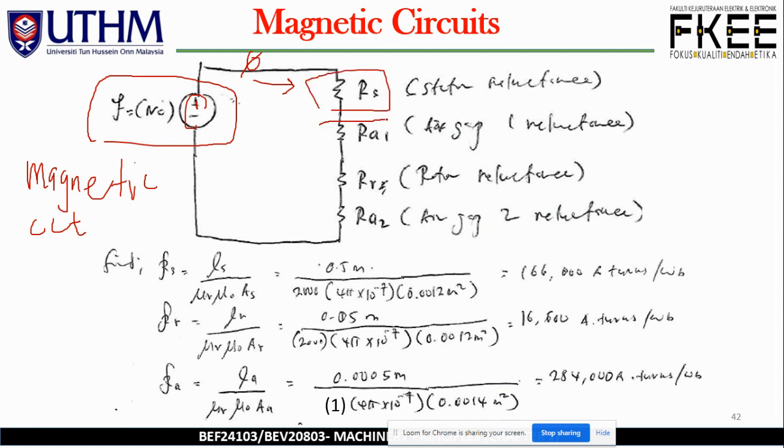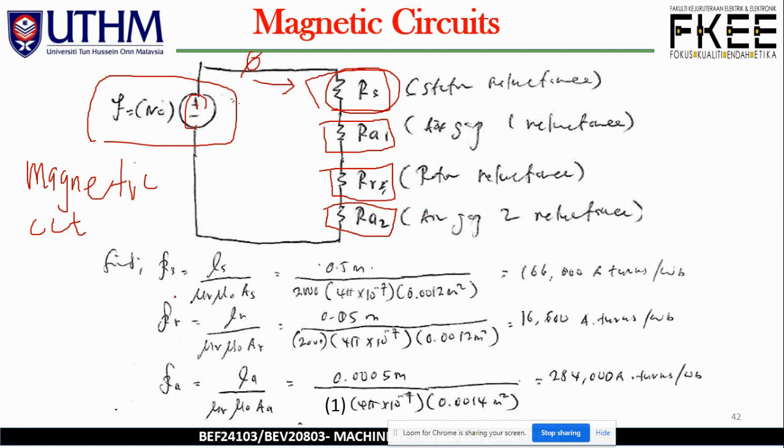Then we come to the first air gap reluctance, Ra1. Then we move on to the rotor reluctance, and another air gap 2 reluctance. The stator reluctance has been concluded into one representative stator reluctance here.